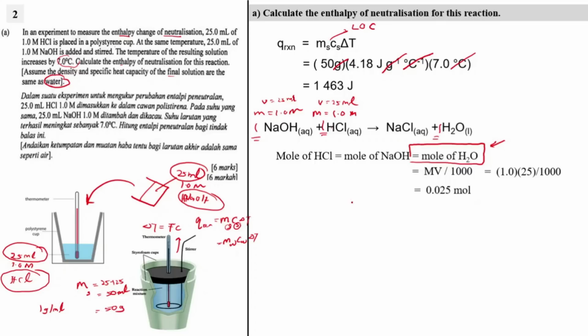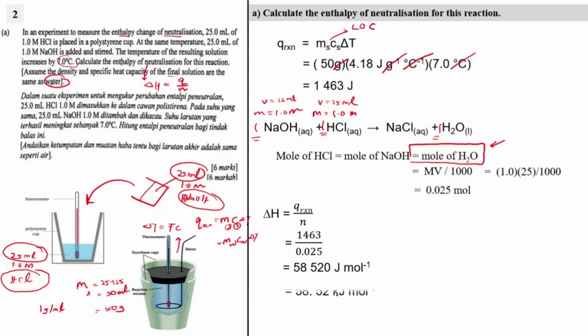Okay, so in order to find the enthalpy of neutralization, we can use the formula delta H is equal to Q over n. So delta H is equal to Q reaction divided by n, where our heat of the reaction is 1463 divided by our number of mole of water, which is 0.025 mole. And then from here, we can get delta H to be 58,592 joule per mole.